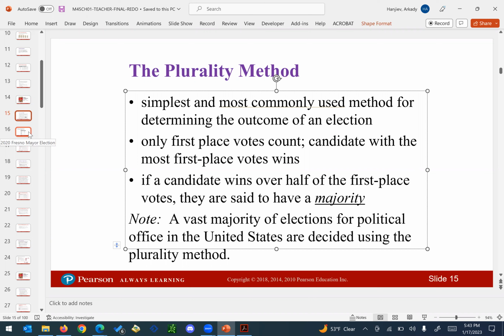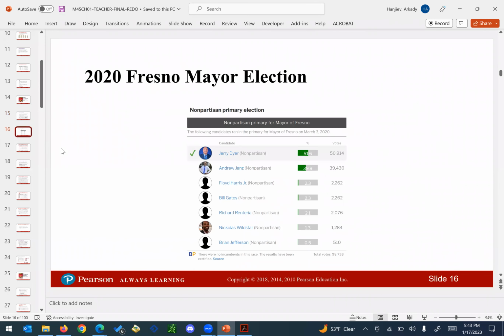All right, let's take a look at something here. So I made this little screenshot here of the 2020 Fresno mayor election. I'm from Fresno. There's a guy named Jerry Dyer. He was the sheriff of Fresno for many, many years. And so on March 3rd, 2020, when people cast their votes, he got 51.6% of the vote against Andrew Janz.